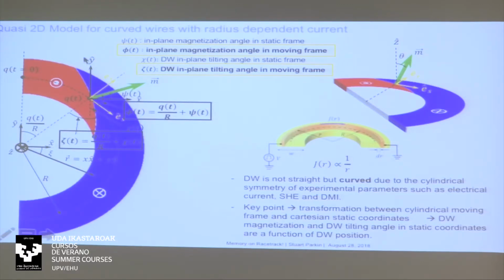Because of the spin Hall effect, the magnetization, as I showed you earlier, will be rotated towards the spin current. But at the same time, to establish this particular shape of the domain wall, we need to rotate all of this. This red region here was originally blue, and this blue region here was originally red.